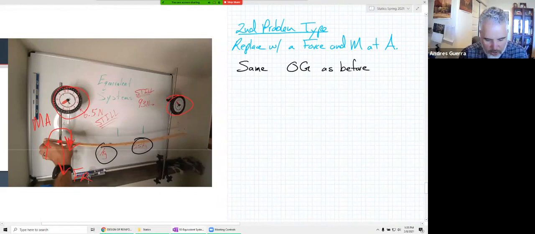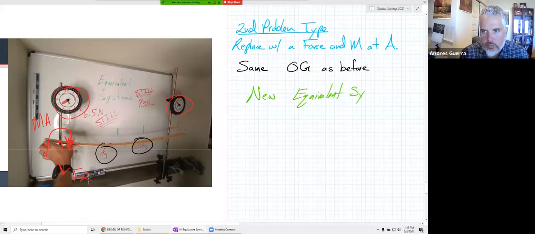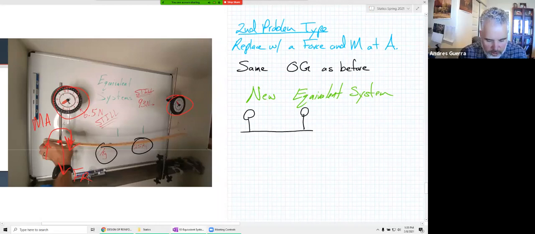And so now, though, our new equivalent system, instead of having that FR somewhere at a distance x, what we're going to do is apply FR right here. So same two rules.